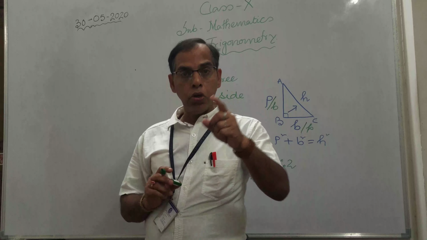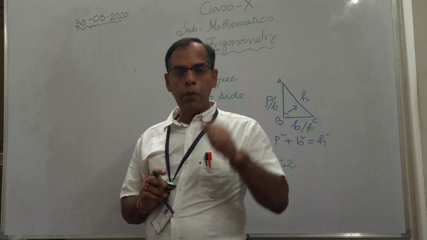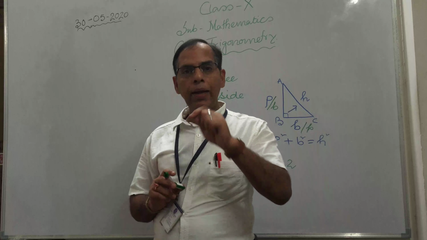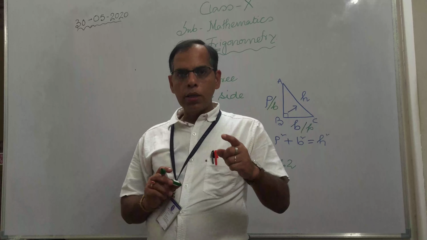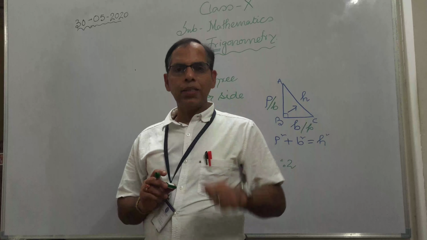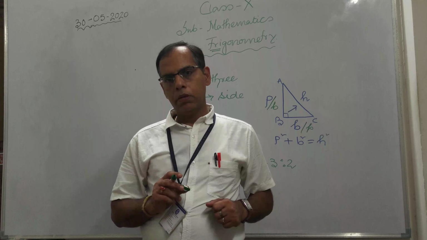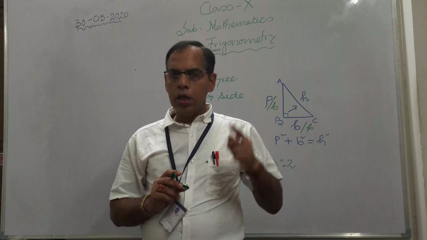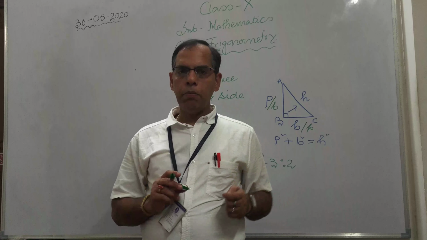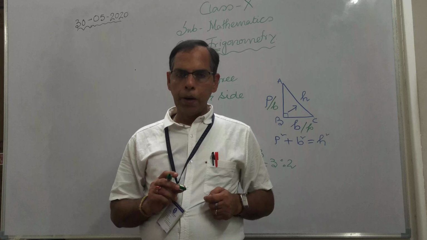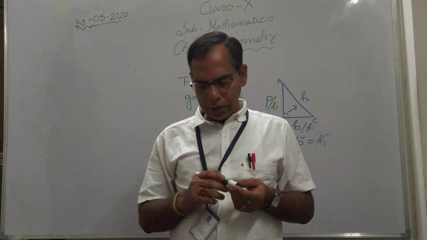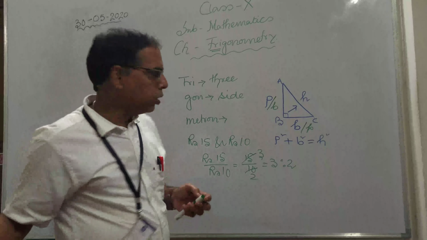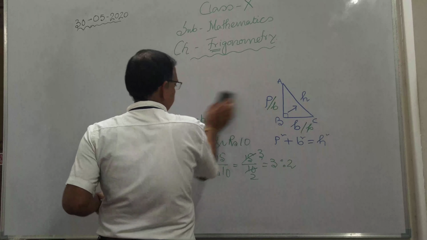Sine is the ratio of perpendicular and hypotenuse. And cos is the ratio of base and hypotenuse. And tan is the ratio of perpendicular and base. So let's see those three trigonometric ratios.